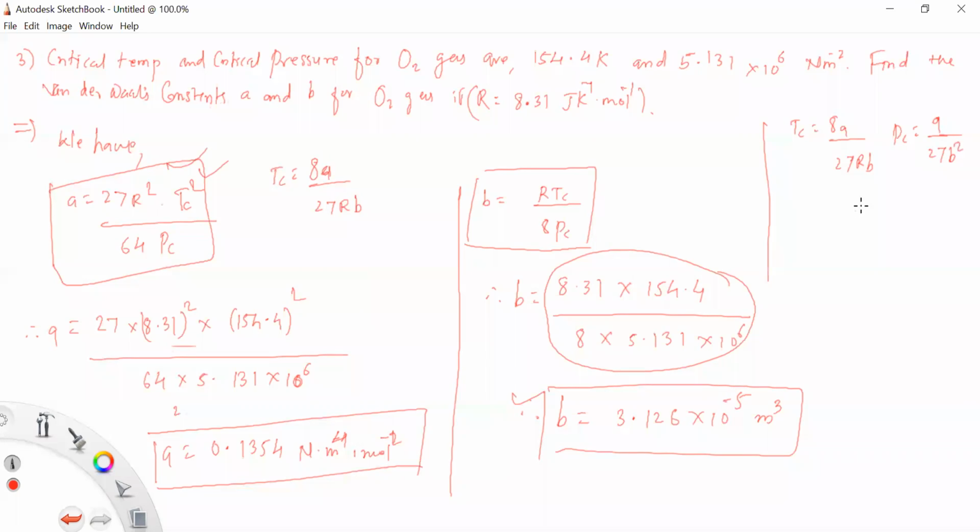So taking the ratio of TC and PC, TC आणि PC चा जर तुम्ही रेशो घेतला तर, TC म्हणजे 8A upon 27RB, रेशो जर घेतला तर हा खाली येणार म्हणजे सर वर जाणार आहे. ओके, सो त्याला आपण इंटू लिहायचं आहे. इंटू लिहायचं म्हणजेच त्याला आपण अशा पद्धतीने लिहू शकतो, दॅट इज 27B square upon A.